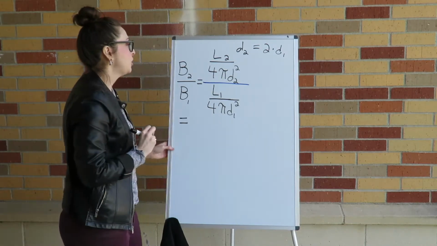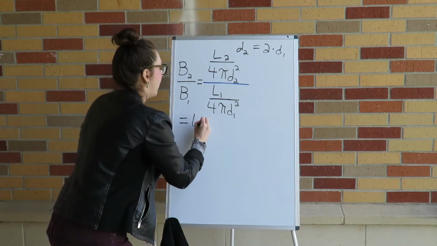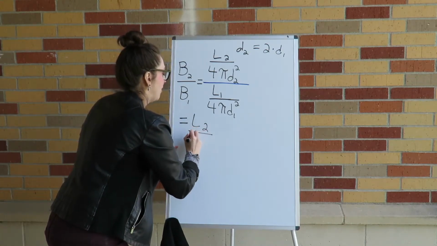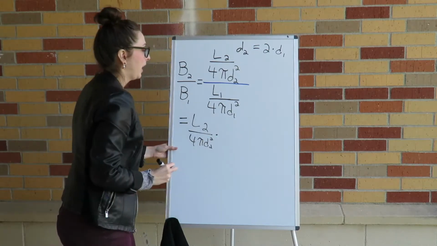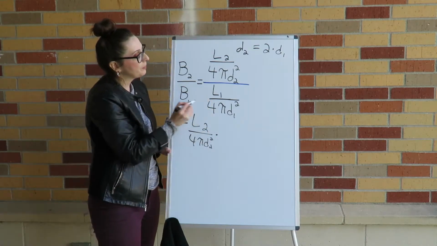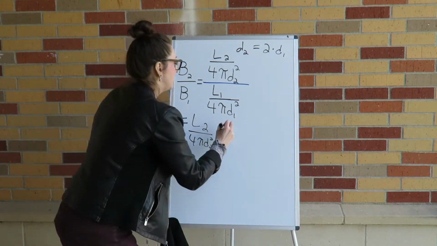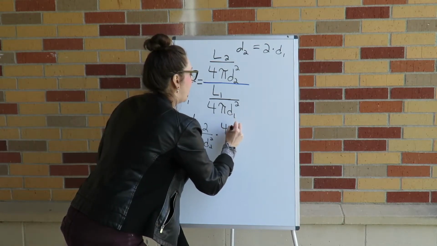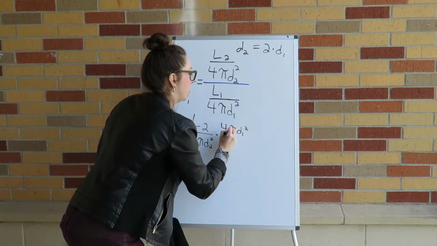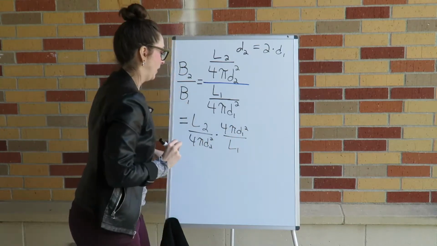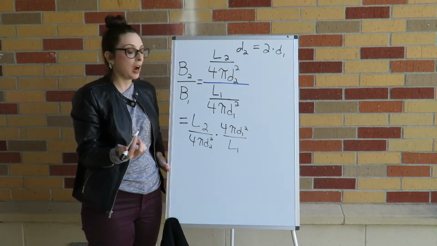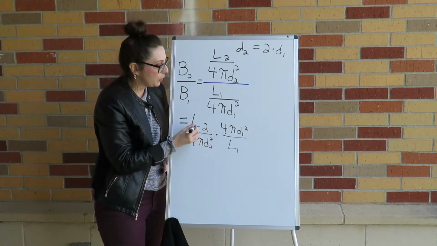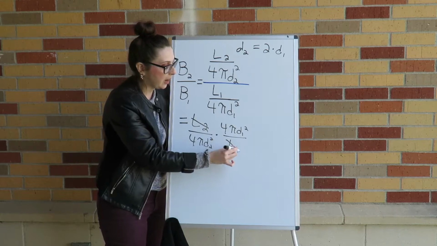I can say that the ratio of my brightnesses is equal to L2 divided by 4 pi d2 squared, times the reciprocal of our bottom fraction, 4 pi d1 squared over L1. Now since the luminosity of both of these stars is the same, L2 is equal to L1, so I can cancel these out here.